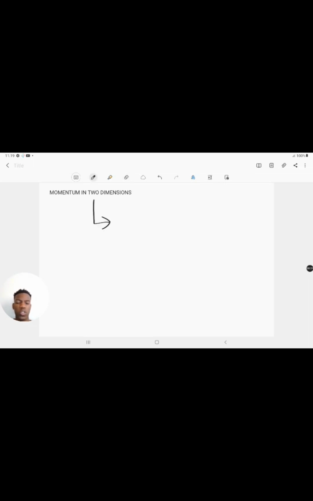By 2 dimensions we simply mean 2 directions: not only just 1 direction, but the x direction and the y direction. That's basically the difference between momentum in 1 dimension and momentum in 2 dimensions. And we've got to calculate that momentum in 2 directions.